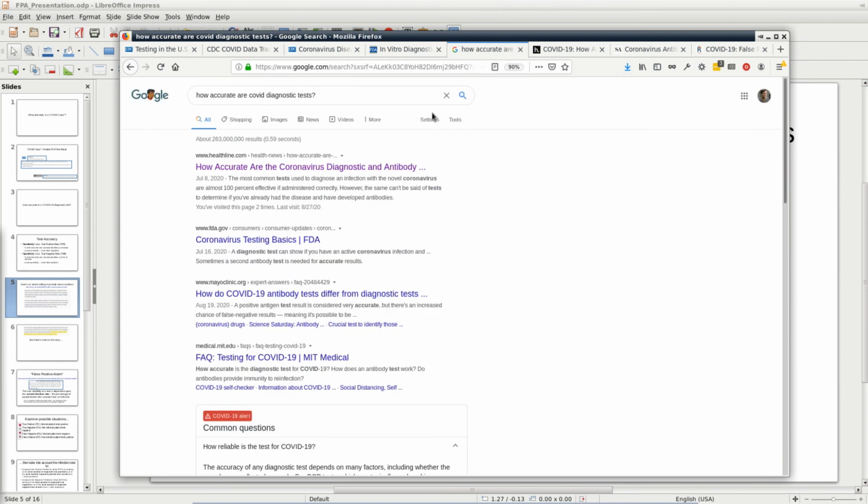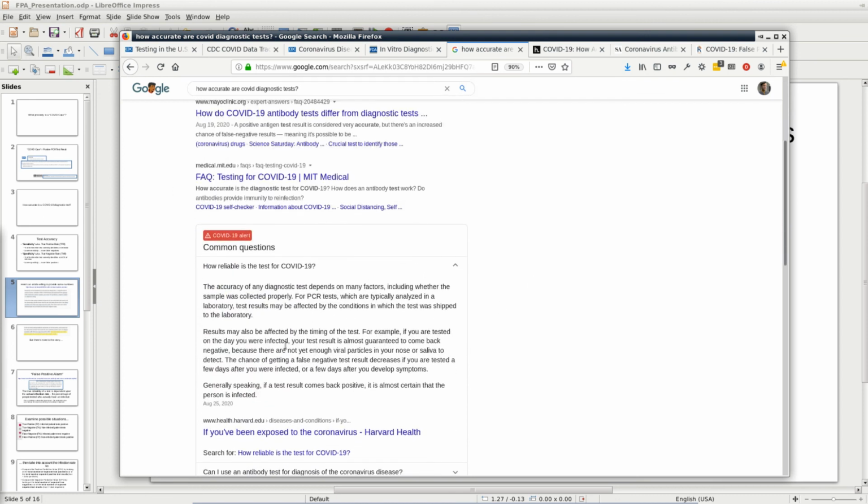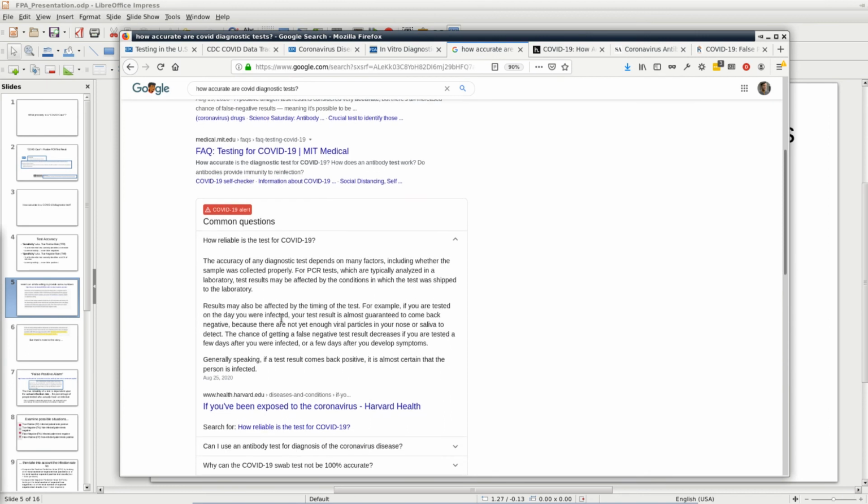And if you just type into Google how accurate are they, you scroll down, they give you their funny little embedded answer. And I thought it was interesting because they say, generally speaking, if a test result comes back positive, it is almost certain that the person is infected. So there are no numbers there, but they give us the idea that if it's positive, don't question it.